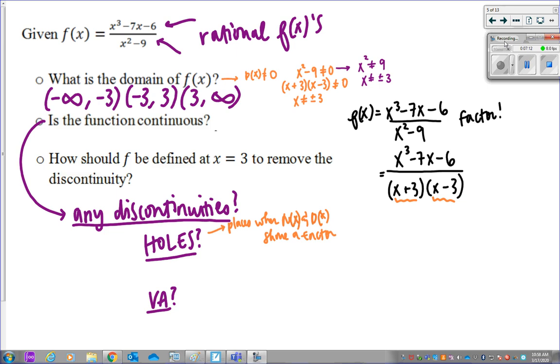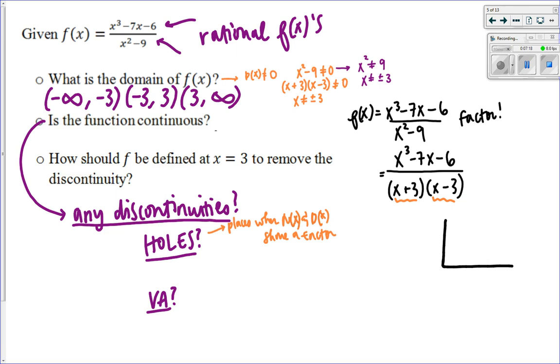It's probably easier, but if you want, try them both. Specifically, one that might be really good would be to do your synthetic division with the numerator, 1, 0, negative 7, negative 6, and use the zero of 3. So that would be the factor, x minus 3 equals 0. Move over, get x equals 3.